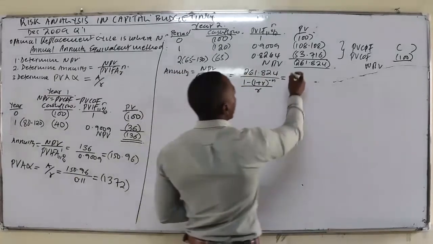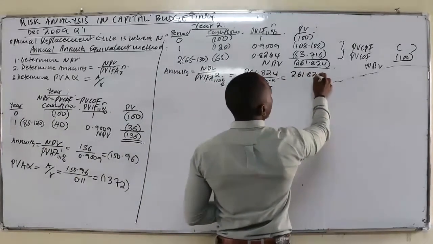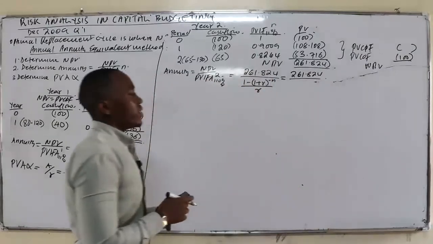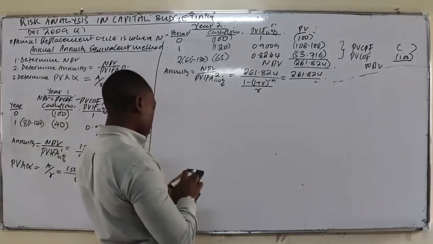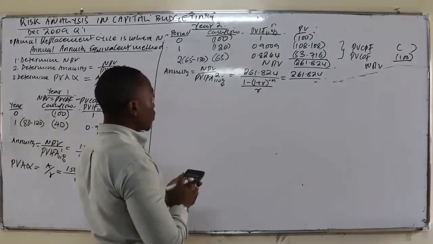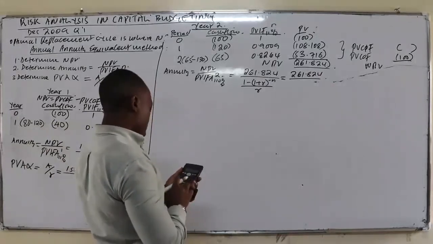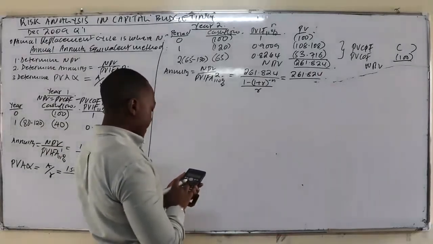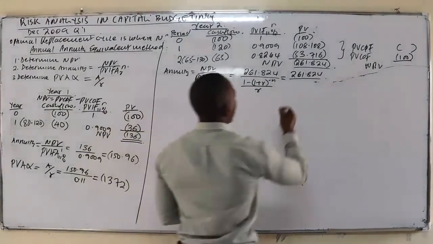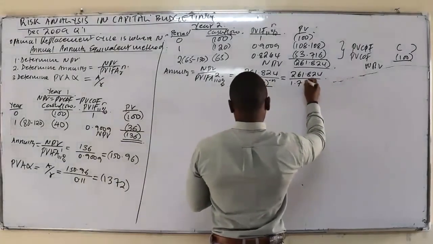So 261.824 you divide by this. 11% is not in the table, so it's 1.11 raised to the power negative 2. Then 1 minus the answer, you divide by 0.11. You get 1.7125.